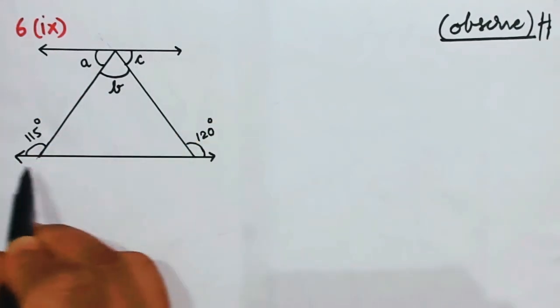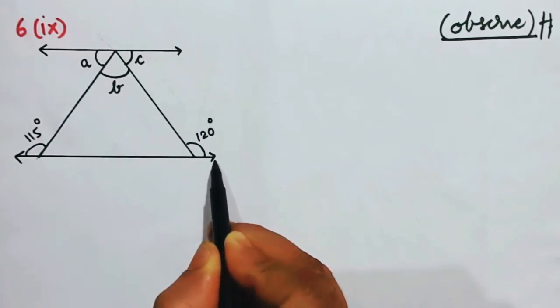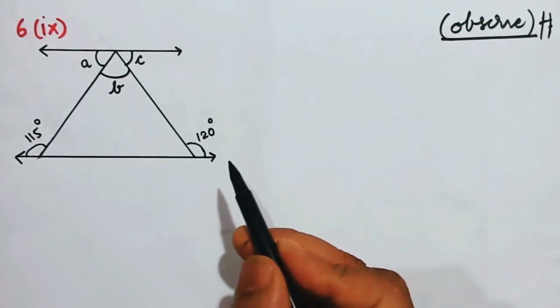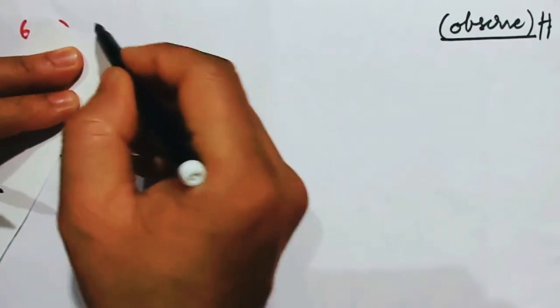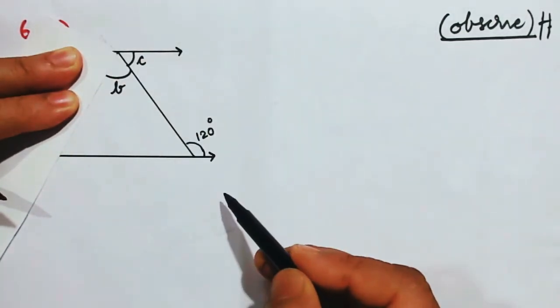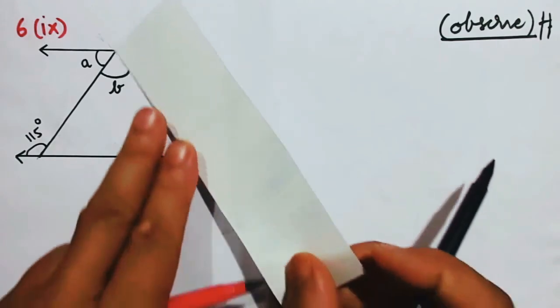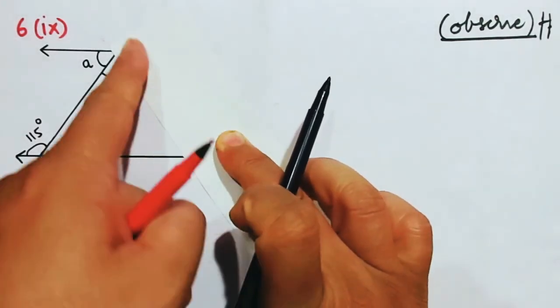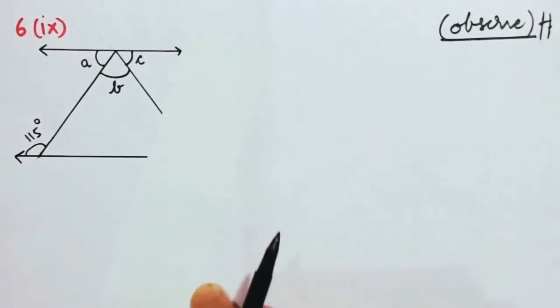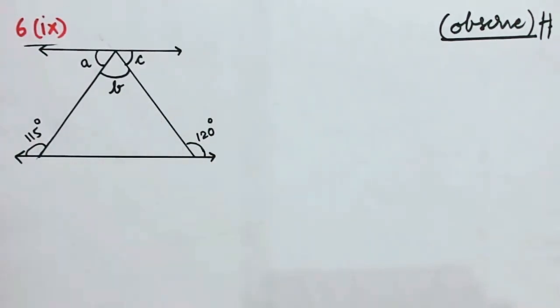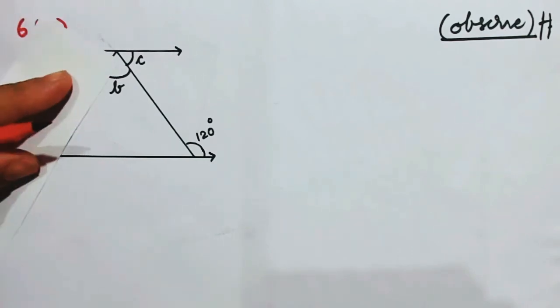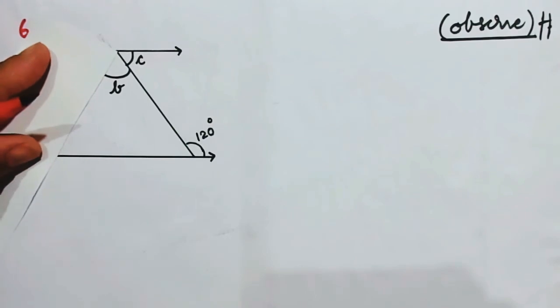These are the two parallel lines, and as you can see, this is one of the transversals which cuts, and this is the other transversal which cuts. So we have two parallel lines being cut by two transversals, isn't it?